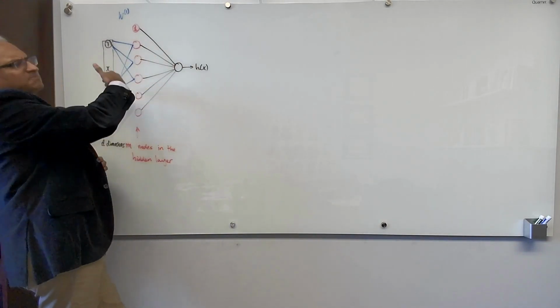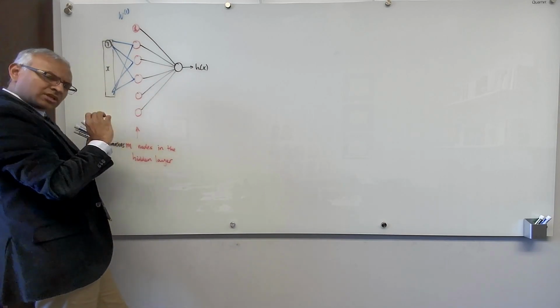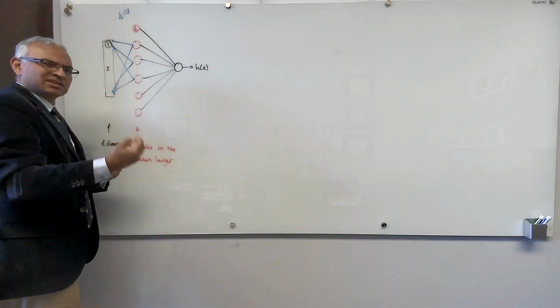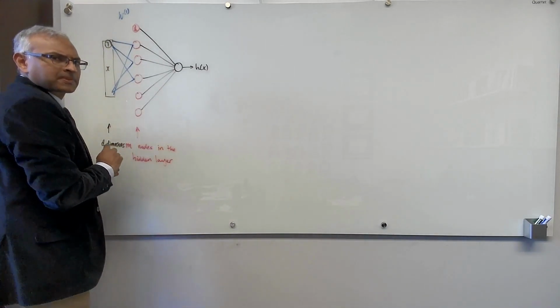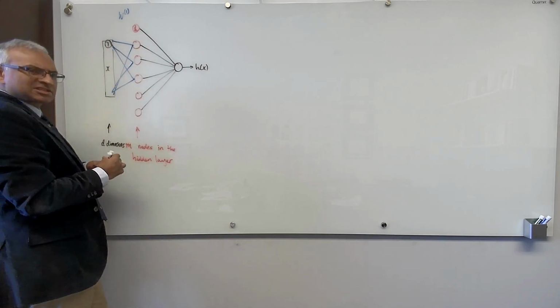Now, we had that very precise systematic notation for the general neural network, which we need because you have many layers. But it's a little bit cumbersome to use all that notation for this simple one hidden layer neural network. So let me simplify the notation.